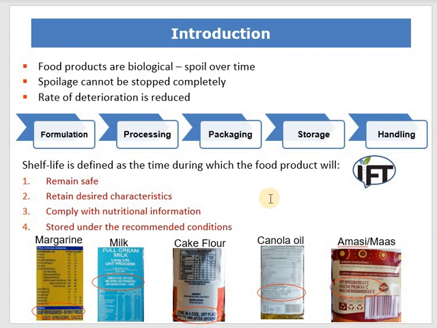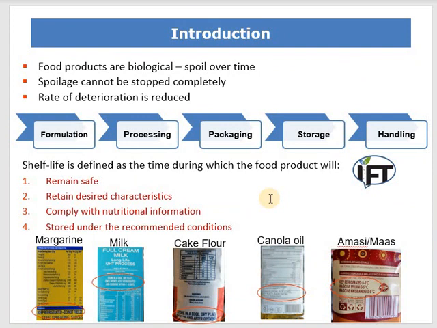So what are the characteristics? They will be sensory wise: the smell, the color, and the texture will still be the same. But most importantly, the physical, chemical, and microbiological characteristics will still be the same.